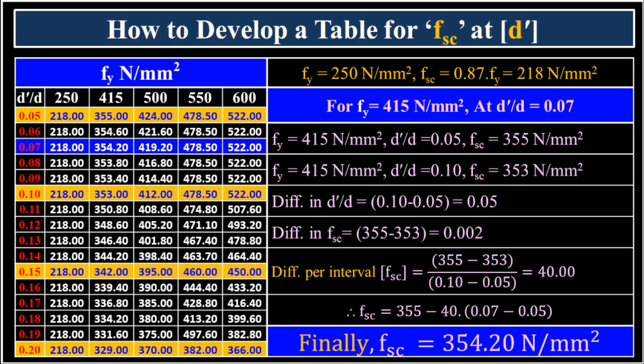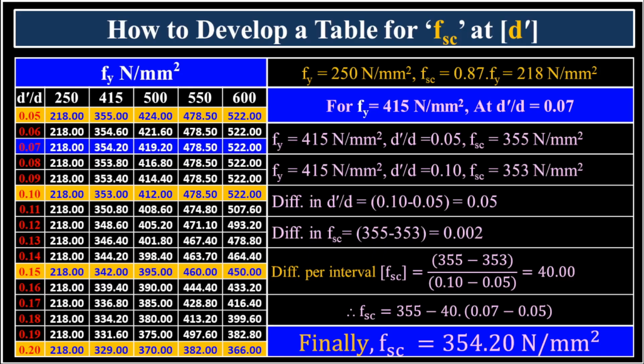These grades are not yet available in our IS-456 standard. If you have any information regarding this, or any special information, please feel free to share it with me. Information is part of knowledge, and sharing information enhances our knowledge.